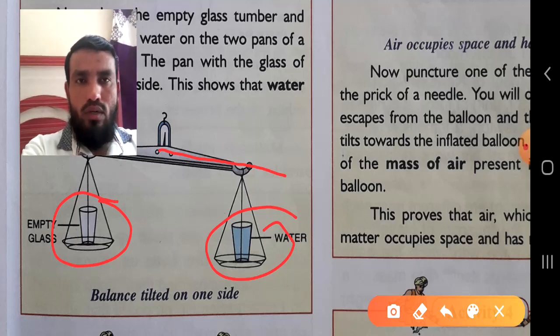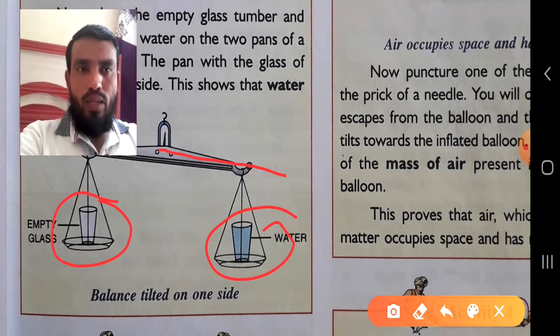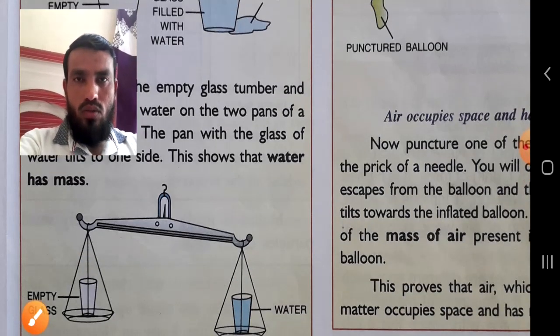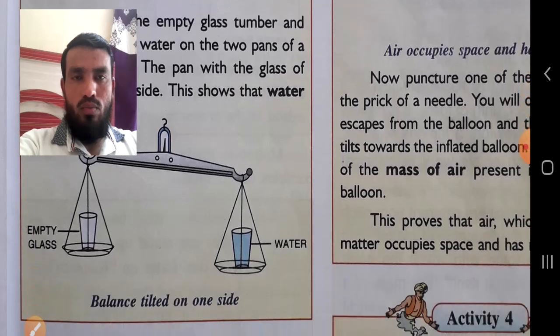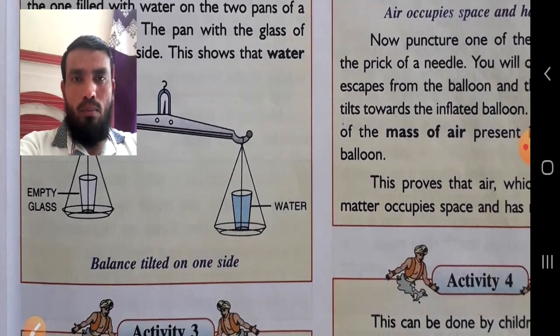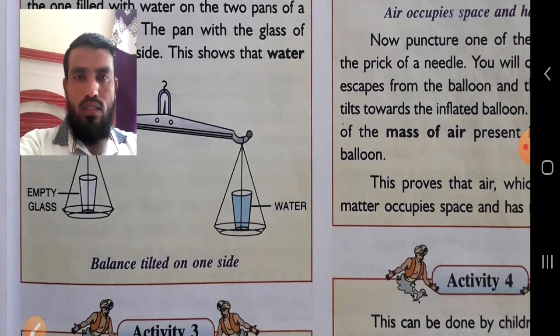So this activity again proves water has mass, or that water is also made of such kind of matter. It also proves matter occupies space and has mass. Because of the mass only, the glass filled with water tilts to one side, and the empty one goes up.